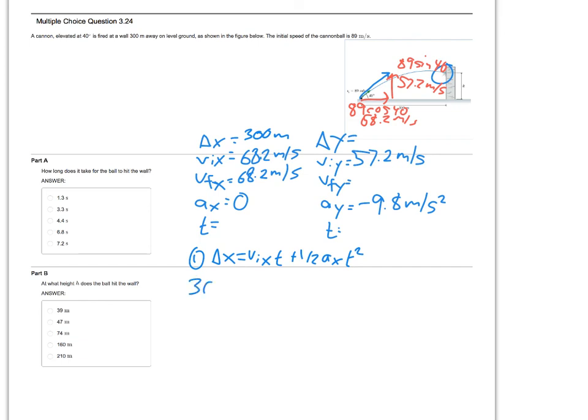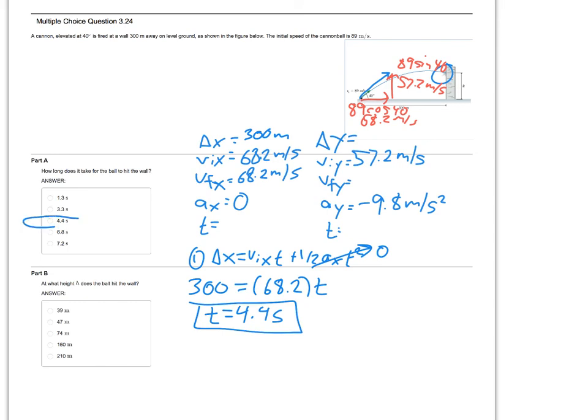So I can say 300 is equal to that 68.2, which is my initial velocity, times t. That whole final term goes away on that side, and so I end up getting a time here of 4.4 seconds. That's the time it's going to take to hit the wall, and that answers question A here.